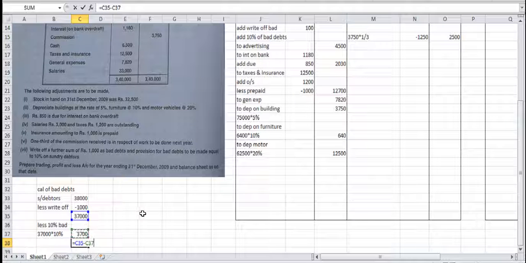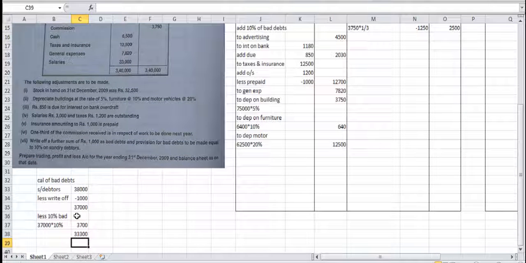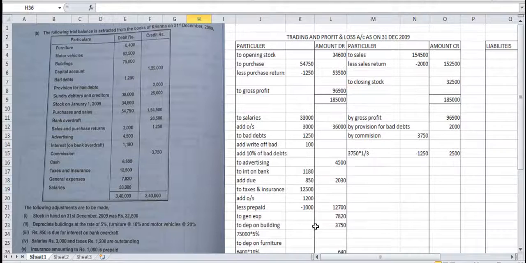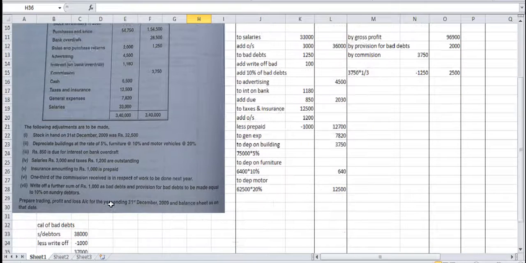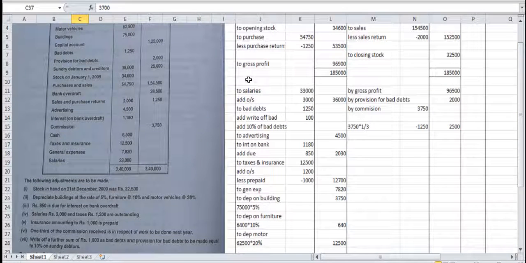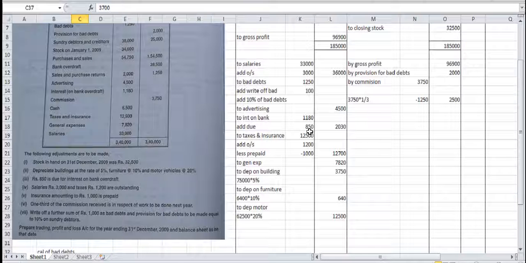Now sundry debtors is 33,300. This is the final value, our bad debts value.